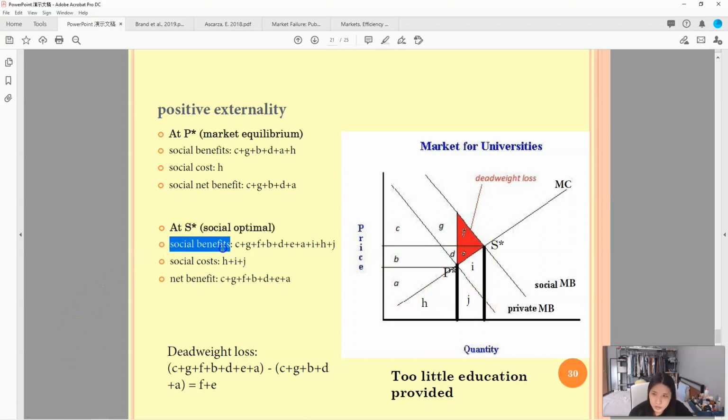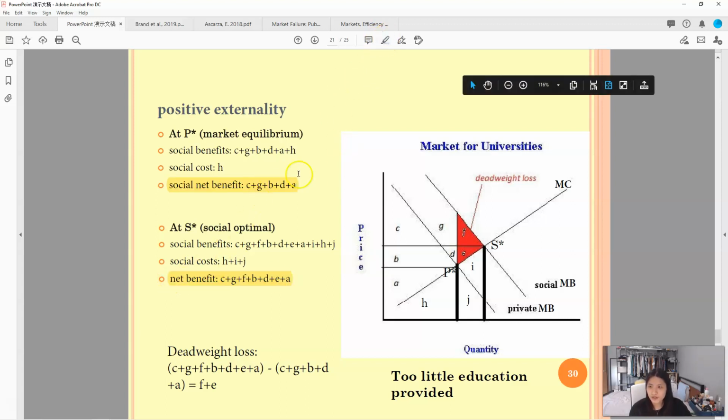So the difference between social benefits and the social costs would be CGF, BDEA. As we can see, here is the social net benefit from market equilibrium, and here is the social net benefit from social equilibrium.